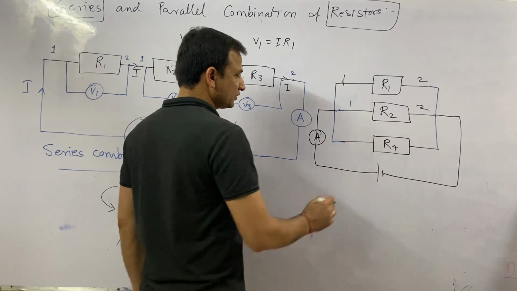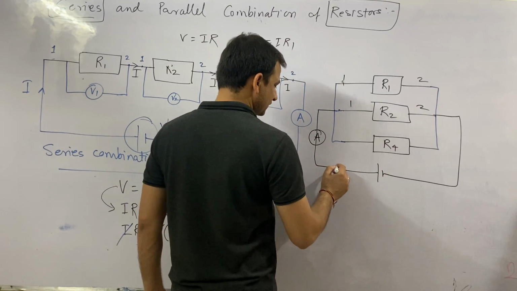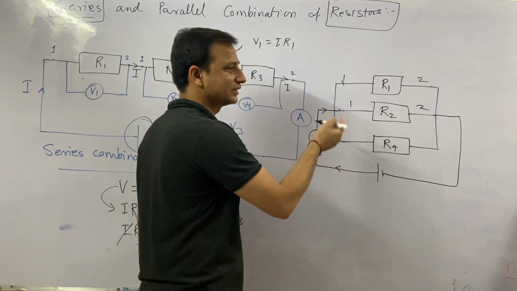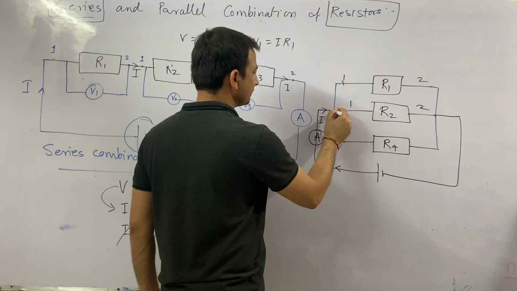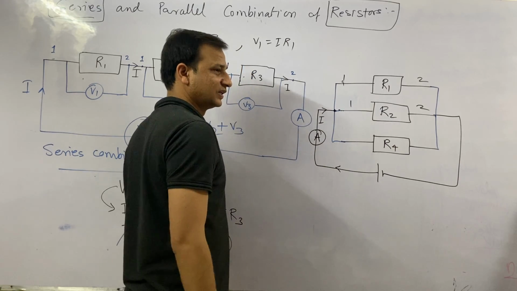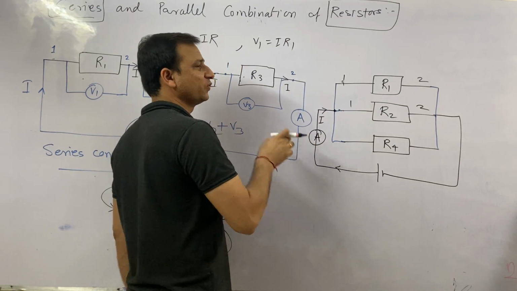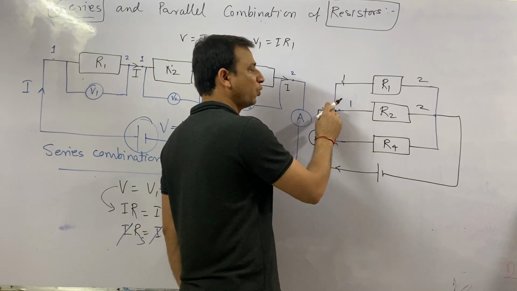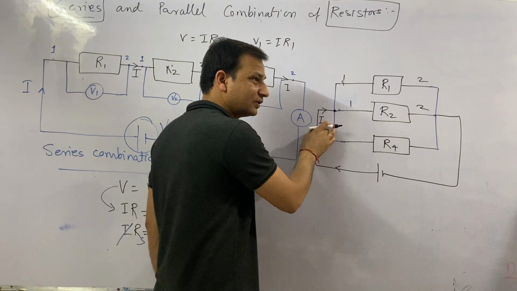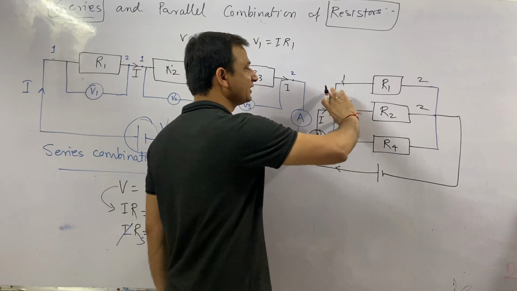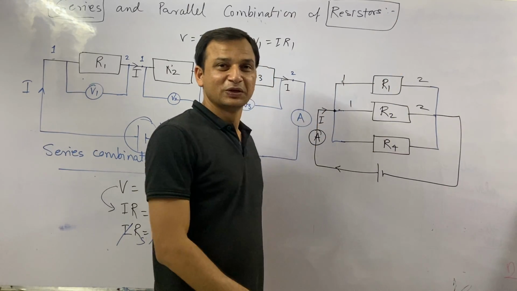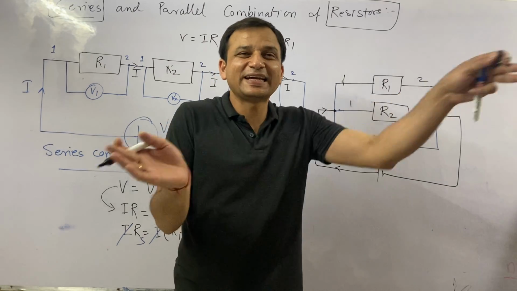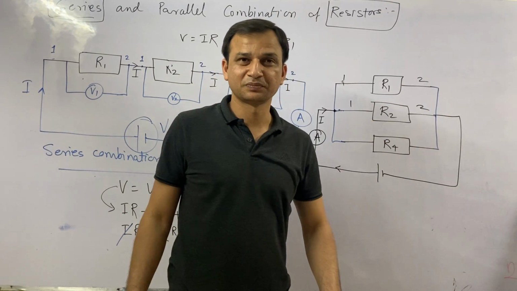So the important thing is, when the circuit is closed, current I will flow in this circuit up to this point. It's like water is flowing in a single pipe, and after reaching here, this pipe is connected with 3 other pipes. So the water in that pipe will get divided into 3 parts.